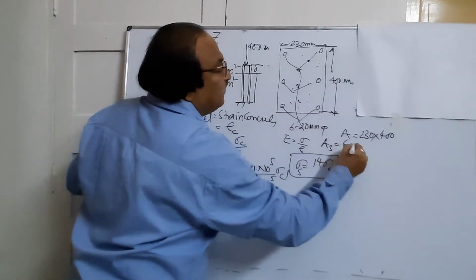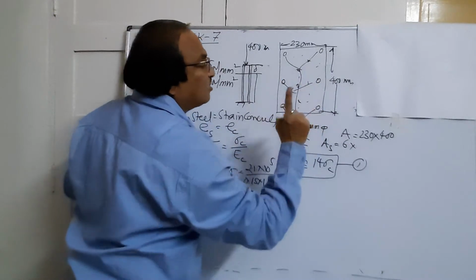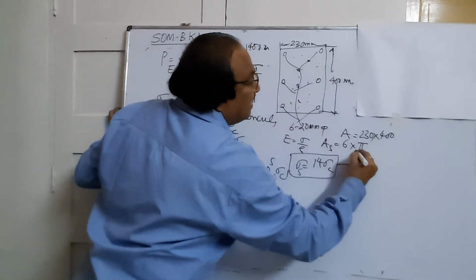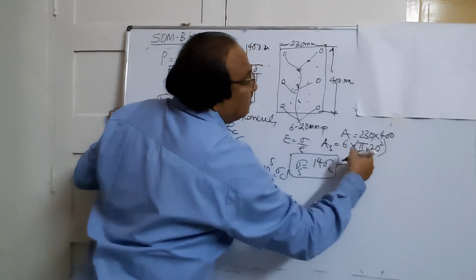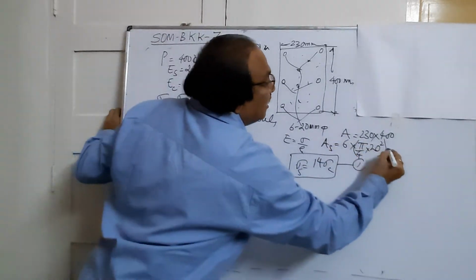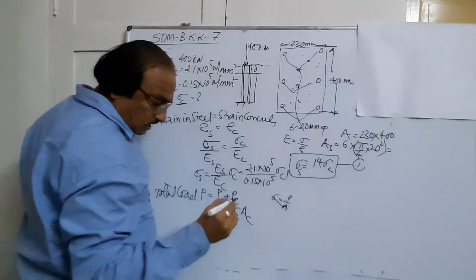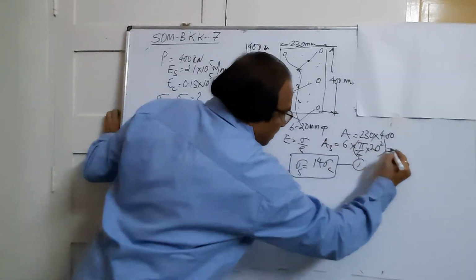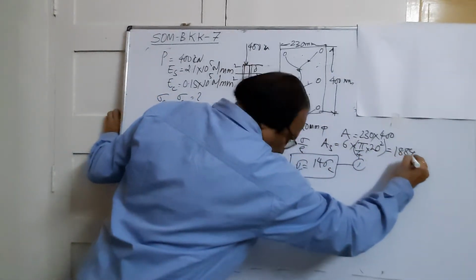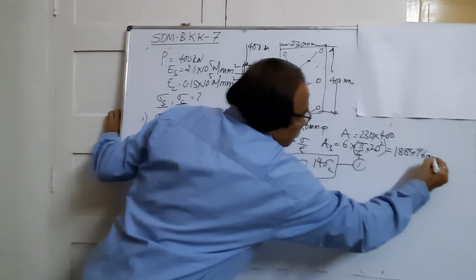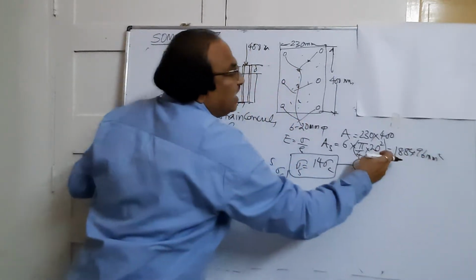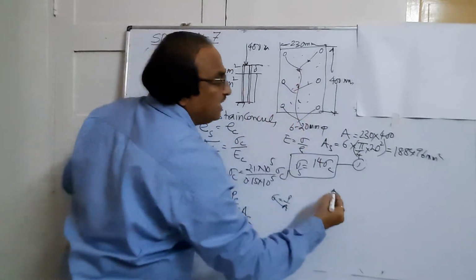What is the diameter of each bar? 20 mm. So what is the cross section of 1 bar? Pi by 4 into 20 square. This is the area of 1 bar. Like this there are 6 bars. If you simplify this, you get the value as 1884.96 mm square.